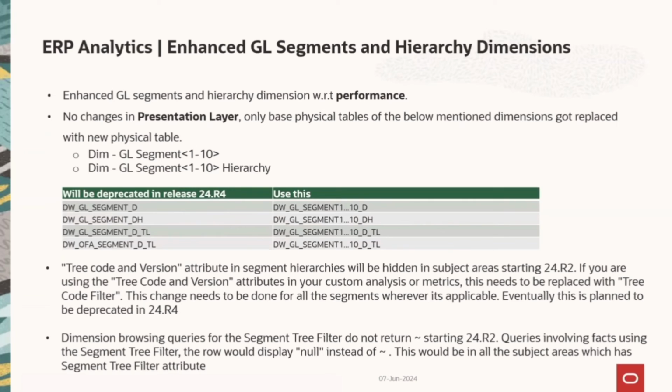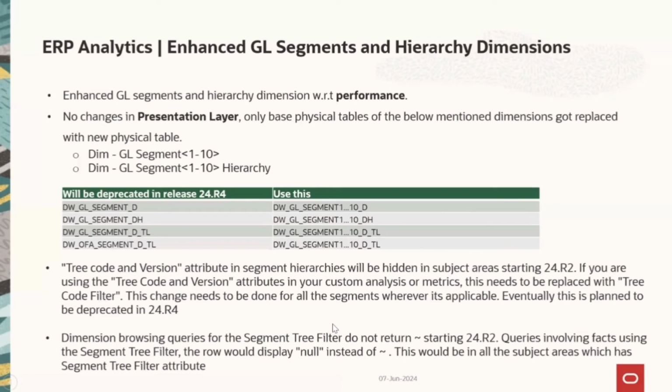Also, as part of this enhancement, we have tree code and version attributes that we have hidden in 24R2. If you're using these, you should start using tree code filters instead. For now it's hidden, and it will be removed completely in 24R4.